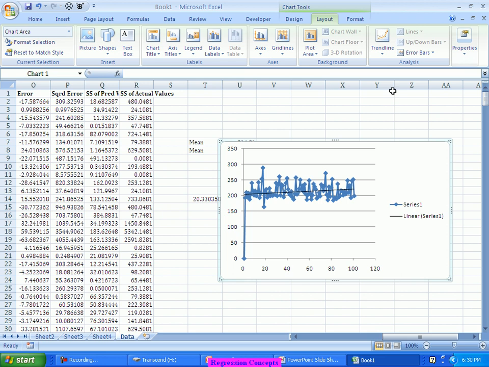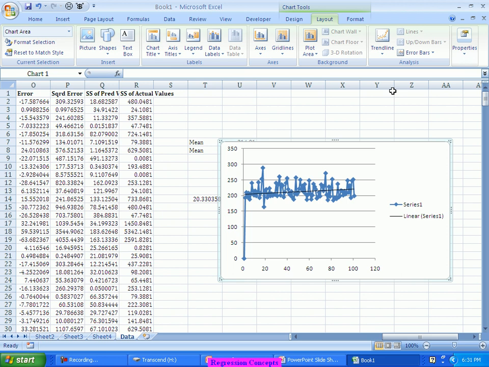Now my question is, draw one single line which joins all the points. If I am able to do that, then my prediction is extraordinary. But if I am not able to do that, at least draw the best fitting line.